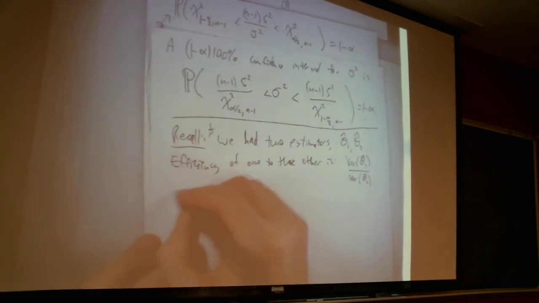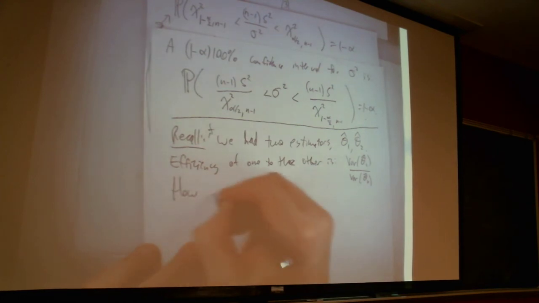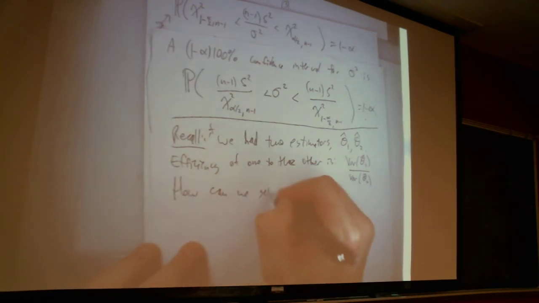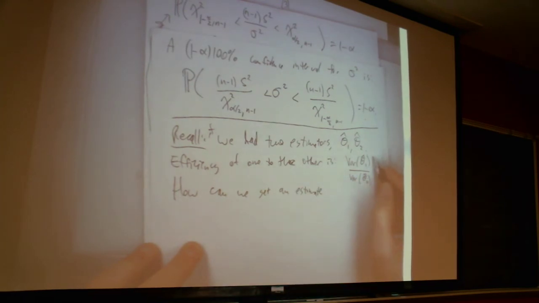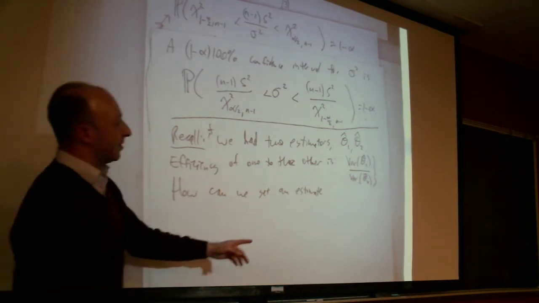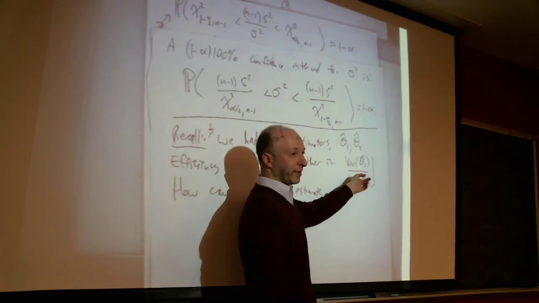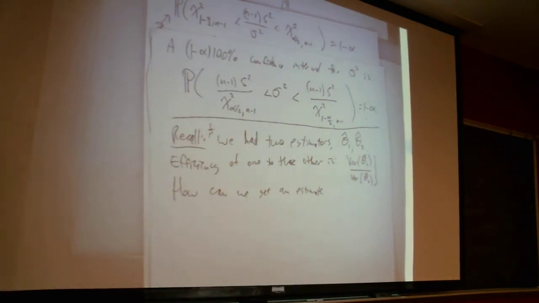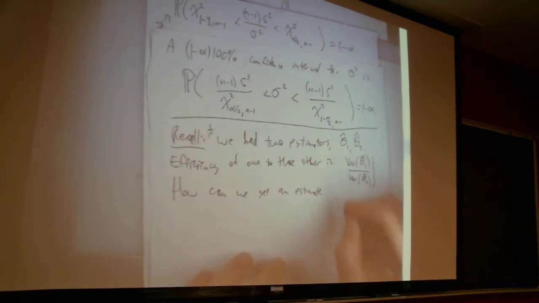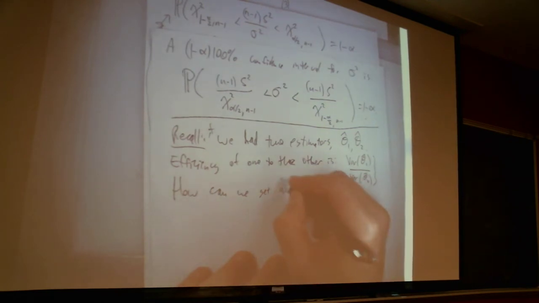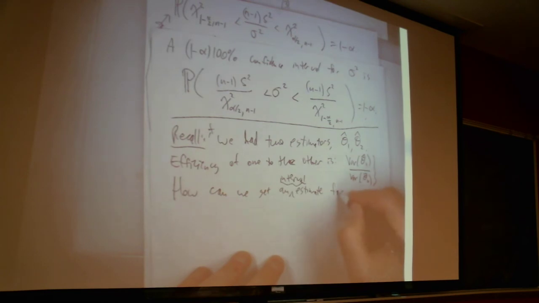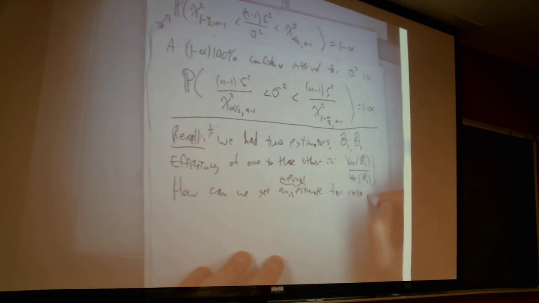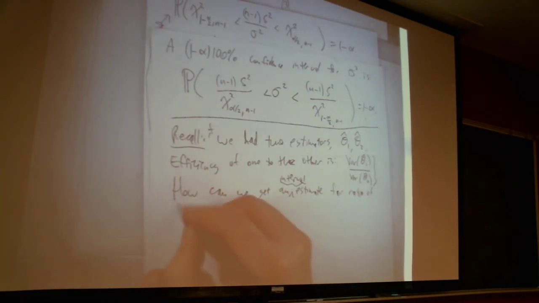So how can we get an estimate? This would be a point estimate. This is a point estimate for this ratio. But how can we get an interval estimate for the ratio of two variances?